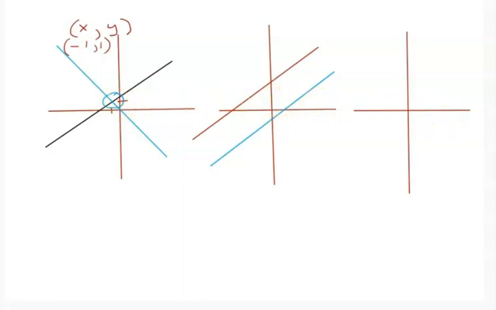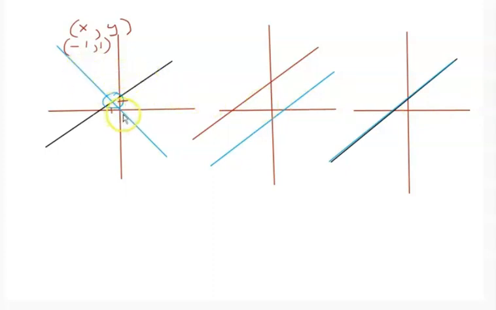And then a third scenario is you have one line, and then interestingly, when you plot the other line, it's right on top of that line. So these are the possible scenarios we're going to be looking at as we talk about systems of linear equations.